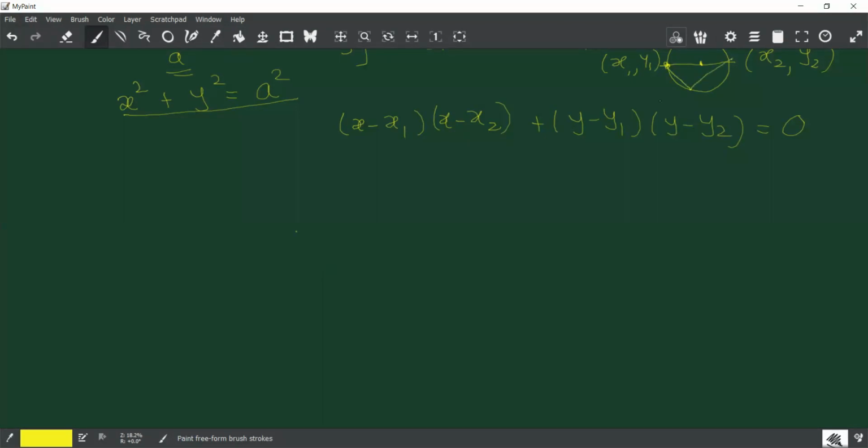You take any point x comma y on the circumference. Now you know the diameter subtends a right angle. So the product of the slopes of these two lines is -1. You use it and you will get the diameter form. Is that clear?